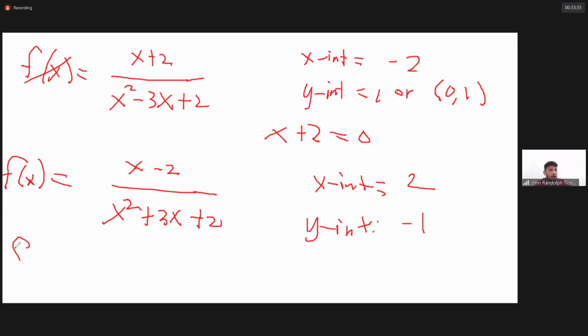Thank you. And next one is yung number. Ano ba yung sinolve natin kanina? Number 19. F of x equals x squared minus 9 over x squared minus x minus 6.